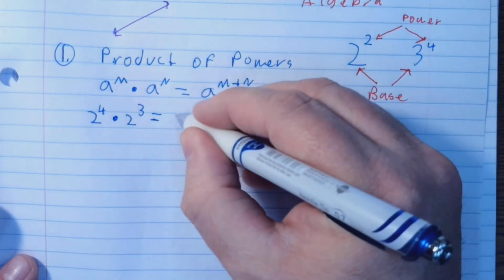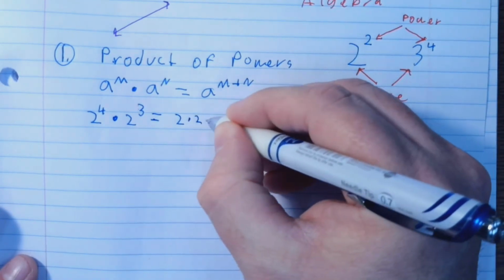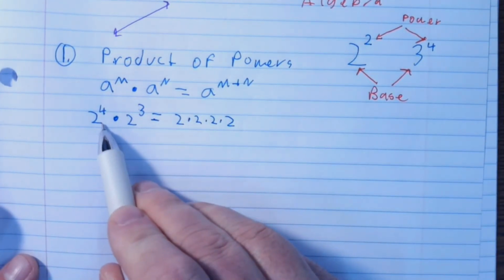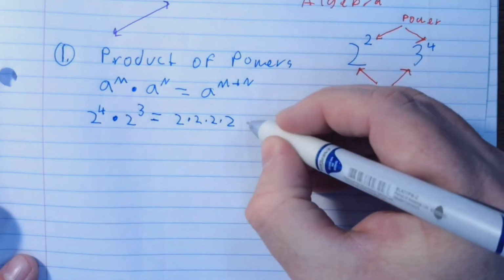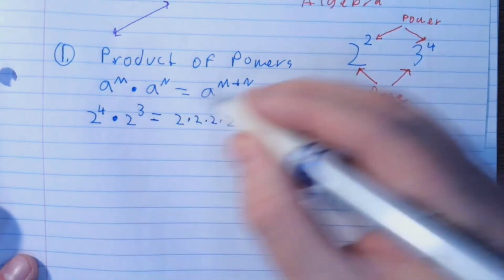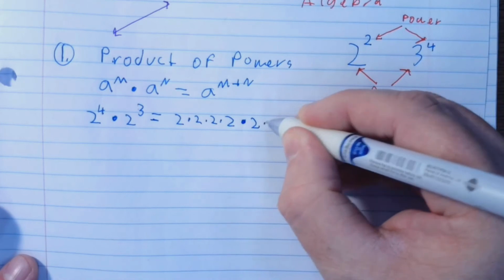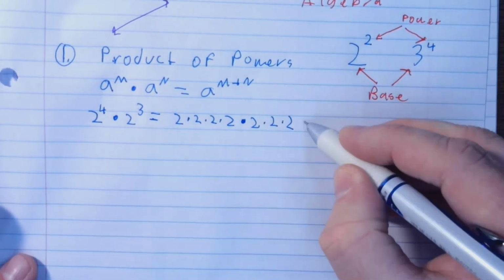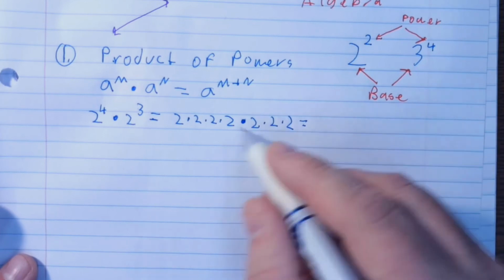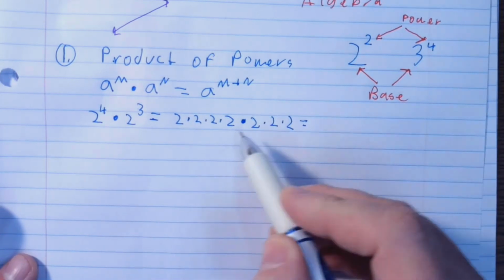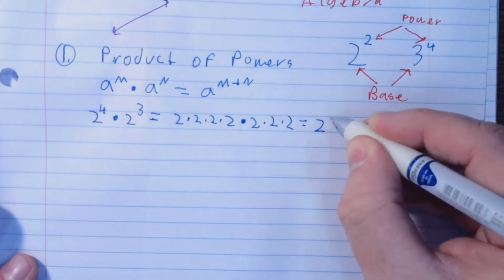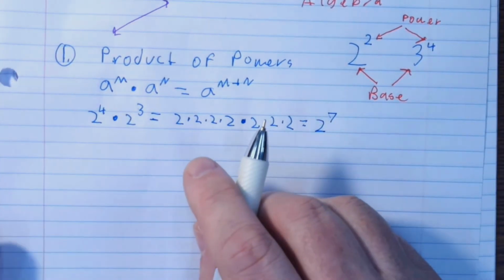This is 2 times 2 times 2 times 2. Is that right? That's what that means? Yeah. Then I'm going to put a multiplication symbol, and this means 2 times 2 times 2. What is that going to equal? Well, there's 1, 2, 3, 4, 5, 6, 7 2's. So this would be 2 to the 7th power.